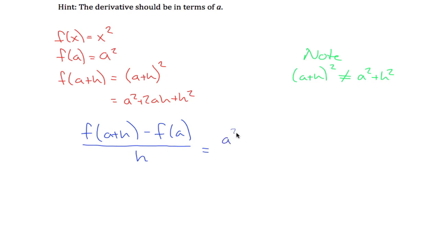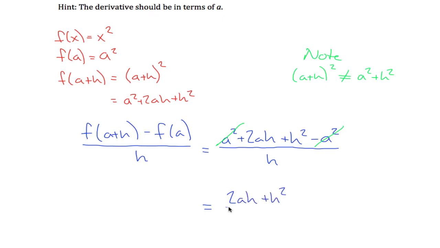That is a squared plus 2ah plus h squared, that's f of a plus h, minus a squared, that's f of a, all divided by h. And we can simplify this a little bit. We've got an a squared and a negative a squared. Maybe cancel those out. And so what we're left with here is 2ah plus h squared over h.